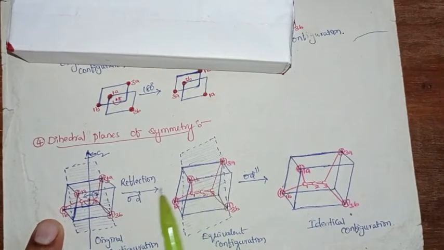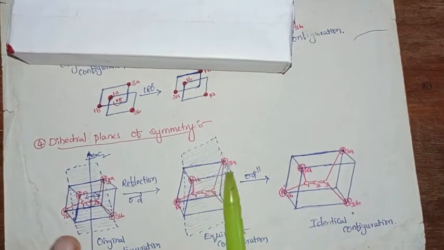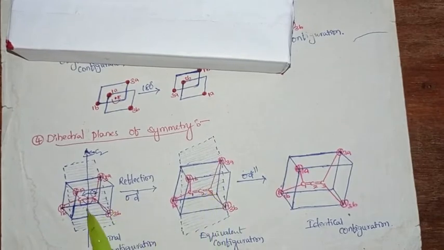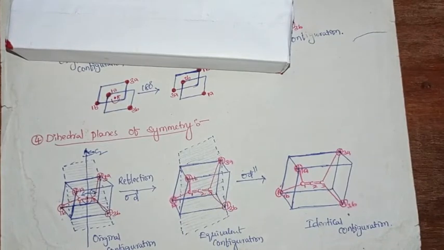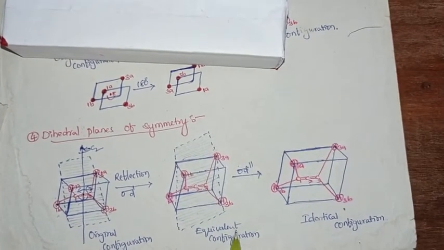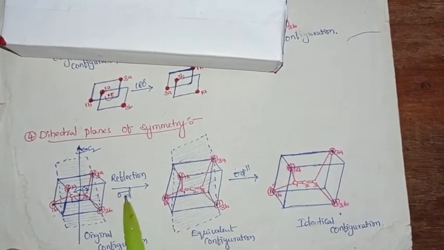So after all, this configuration is generated, and when we compare it with the original configuration, reflecting similar atoms gives an equivalent configuration. When it generates an equivalent configuration, the plane is called a plane of symmetry.